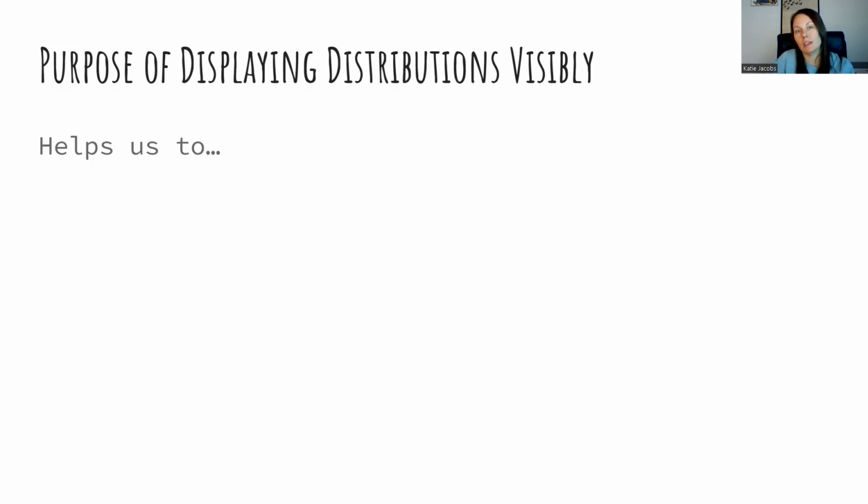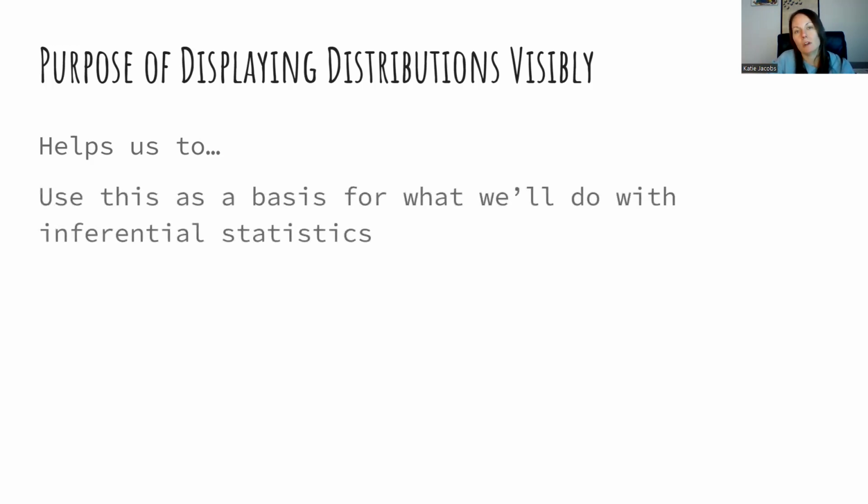In this unit, we're going to learn how to display our data in a histogram so we can visually look at it and see, does it follow the bell curve shape, which we'll learn about a little bit later in this lecture, or does it have some other type of shape? This will help us to understand later when we're working on something a little bit more complex. So again, we're going to use this as a basis for what we'll do with inferential statistics, which we'll learn about later on in the semester.